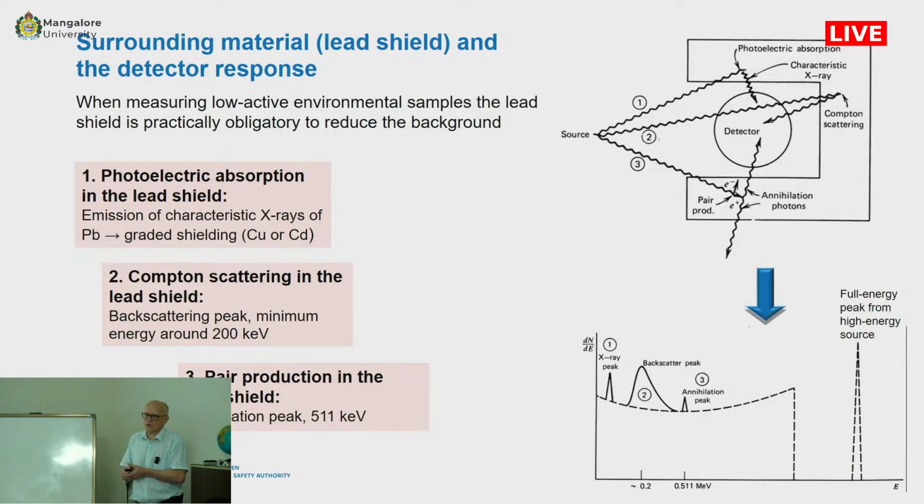However, it's not necessarily a good thing that we have a lead shield here, because secondary reactions might happen. For example, let's assume that the source is here.